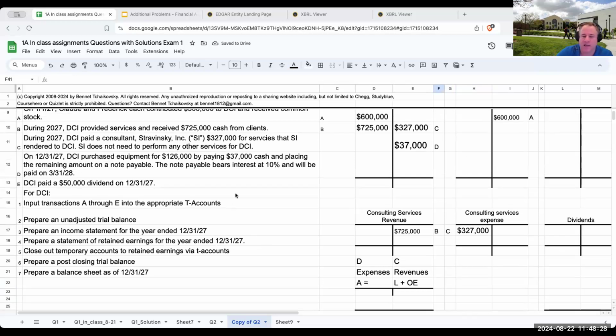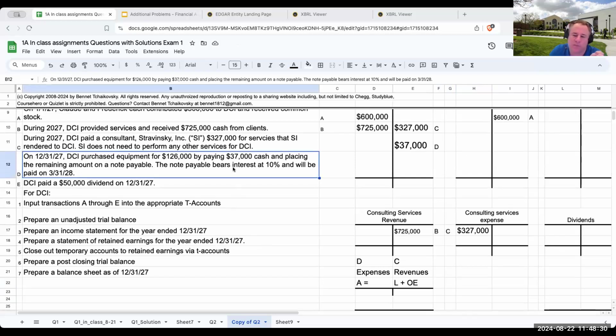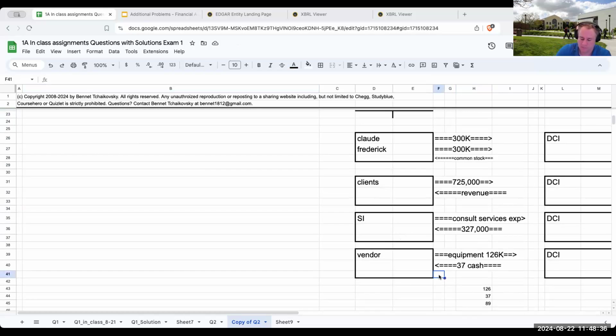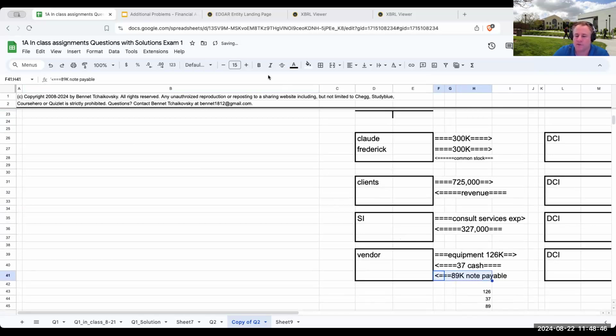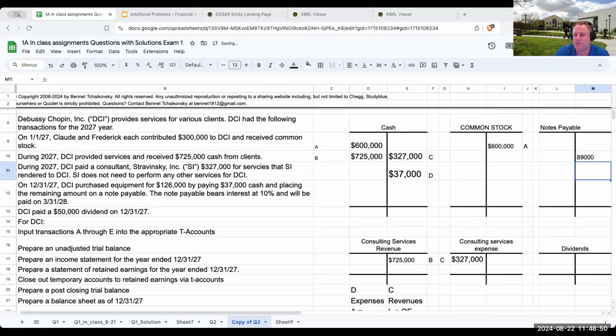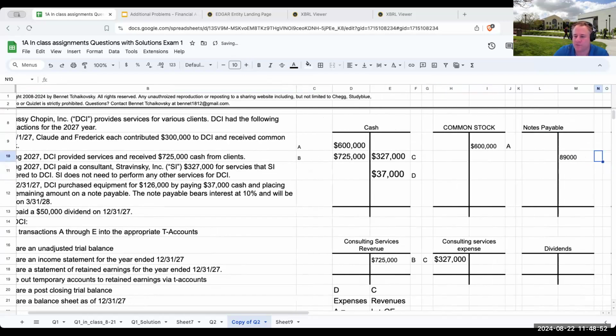Now, what is that 89 going to be? Well, it tells us that the remaining amount is going to be placed on a note payable. So coming over here, I'm going to be giving that vendor a note payable for the difference. So note payable, I'm going to be crediting this for 89,000. Now my total debits equal my total credits.